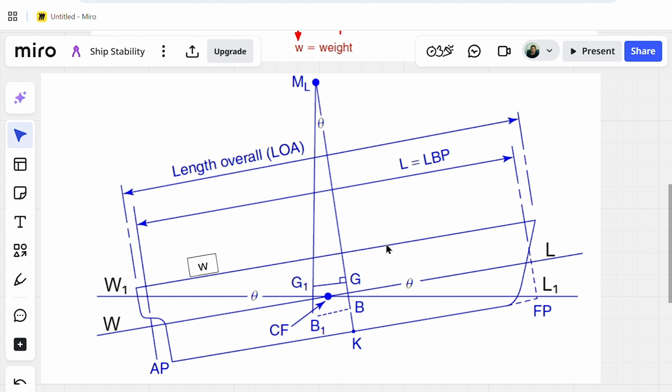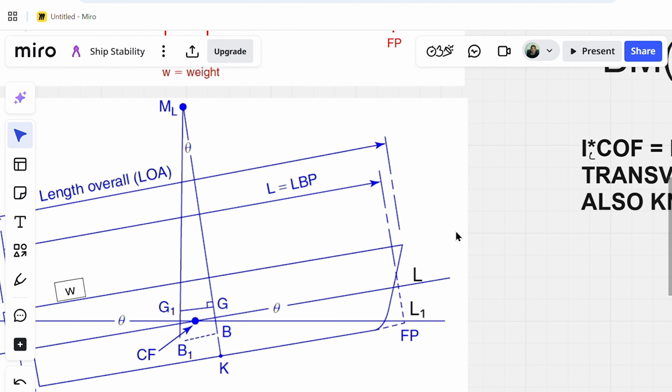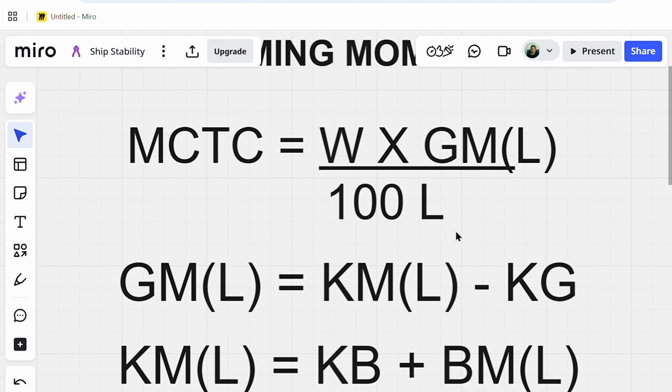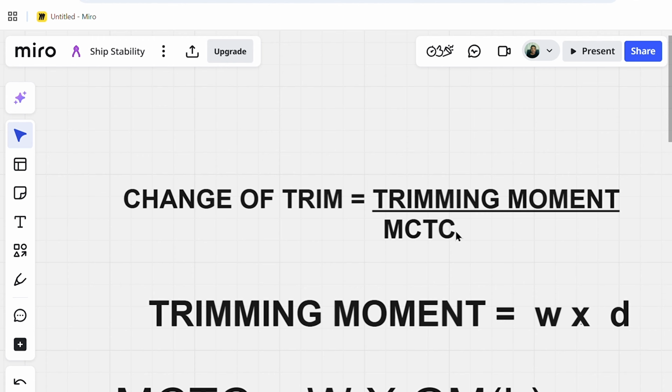So now in this question, since MCTC is not given, how do we proceed? Step by step, I will just give you an overall view of the solution and then we do the solution. Trimming moment.